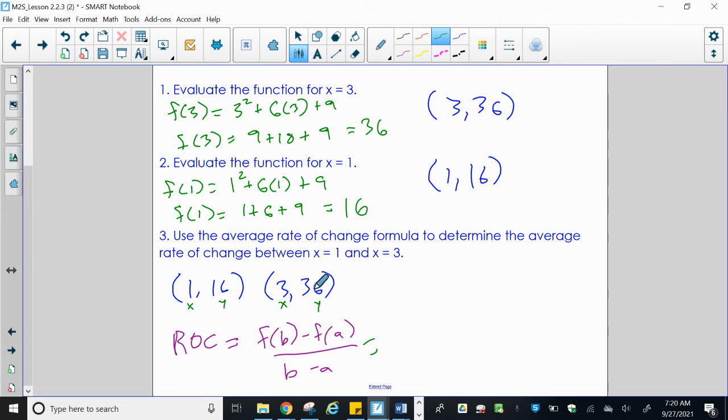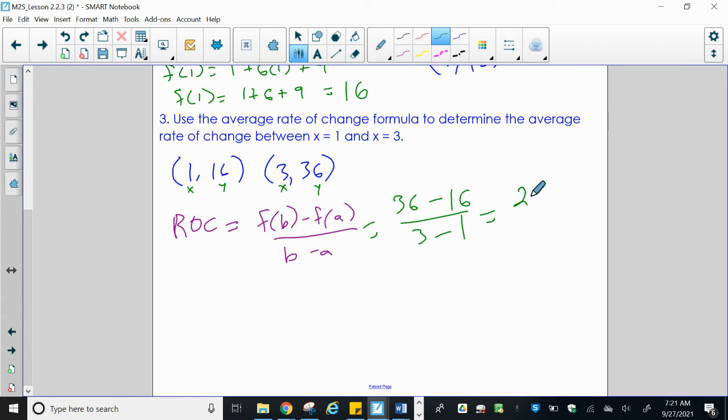Okay, so let's plug in our values and simplify. So f of b, 36, minus our other y value, 16. If we did 36 on top first, we'd start with 3 on bottom, minus 1.